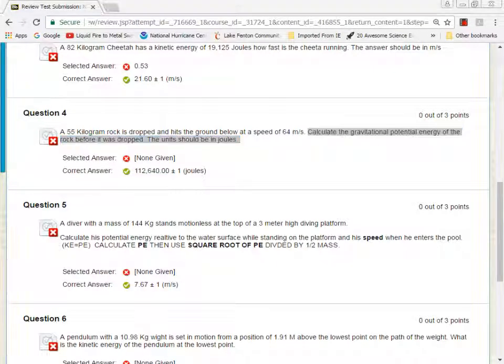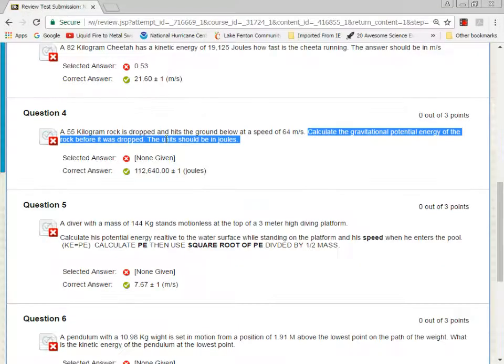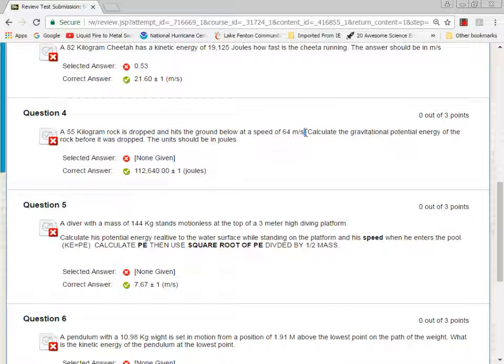And here it says calculate the gravitational potential energy. Gravitational potential energy is mgh, which is mass times the acceleration due to gravity, 9.8 meters per second squared, times height. But you can't solve for that because you don't have anything in here except velocity and mass. You don't have height.